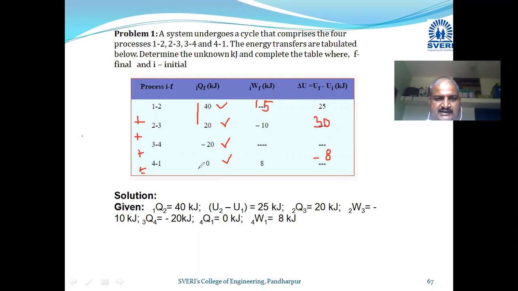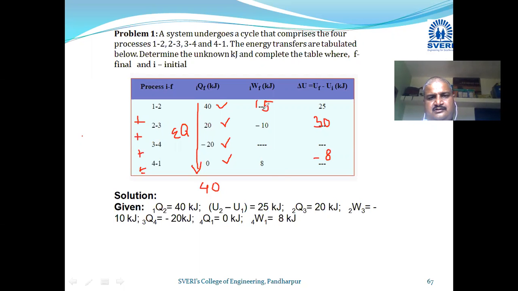How much is the total heat? 40. 40 plus 20 is 60, 60 minus 20. Okay, you can take the summation of Q, and that particular value is coming as 40 kilojoule. Right, everybody? Yes. Okay, summation is 40.